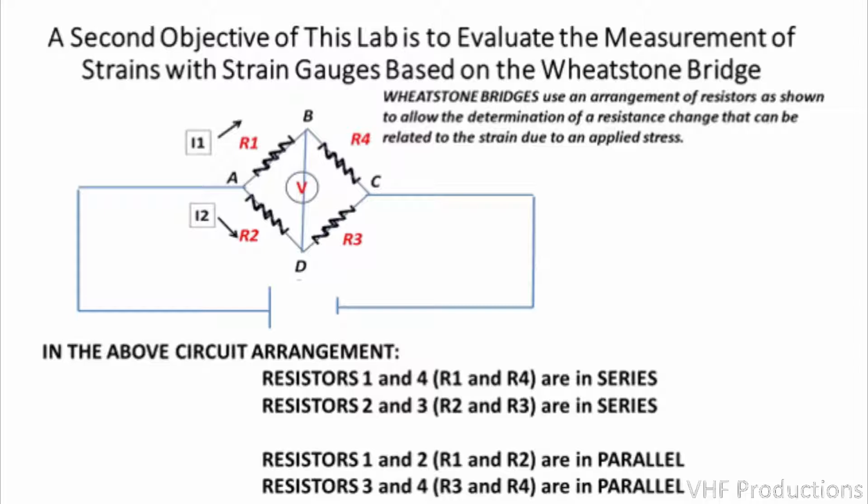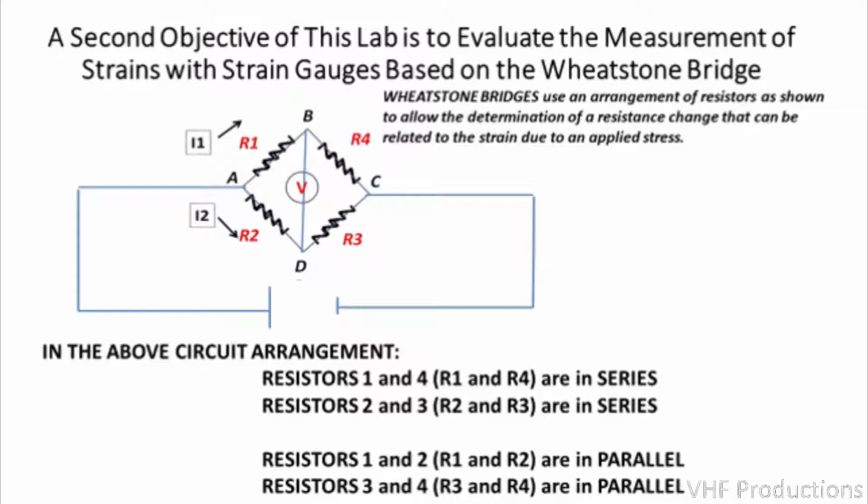So if one of the resistors, say R1, is connected to a strain gauge, and that strain gauge is then stressed or compressed so that the resistance changes, then the current will have a more difficult time flowing along the path ABC, and so more current will flow along the path ADC.